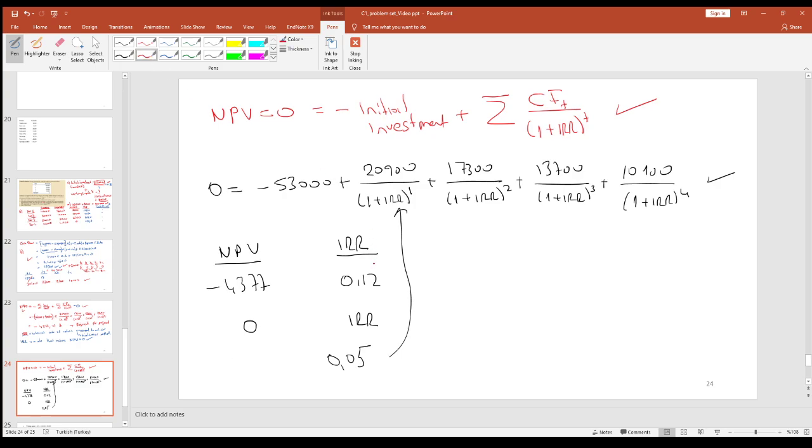By assumption, if you plug 5% here, you will find 1000. This is not the exact result for a 5% discount rate, but let's assume that we have 1000. So this is the trial and error part.